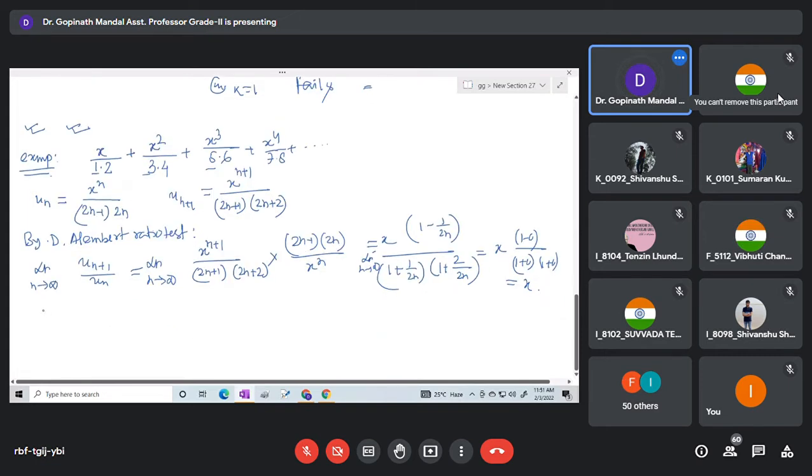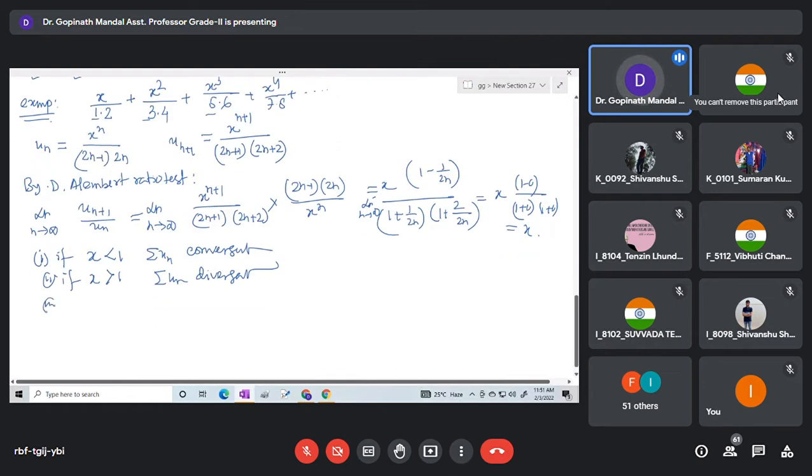So if x less than 1, then the series is convergent by D'Alembert ratio test. Now if x greater than 1, then the series is divergent, and if x equal to 1, this test fails.